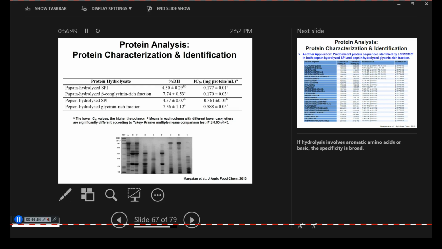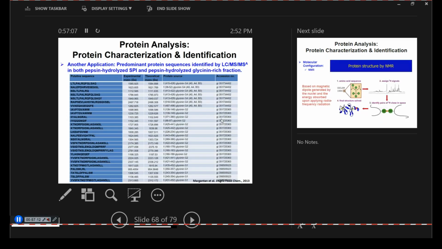Long story, we wanted to confirm that the peptides that were generated here and here are the same, and the peptides that are generated here and here are the same, to prove that we don't really need to fractionate.